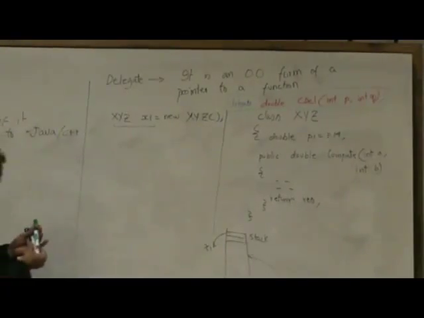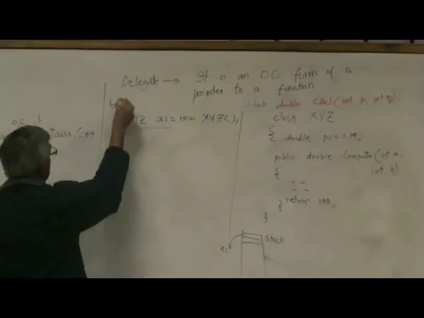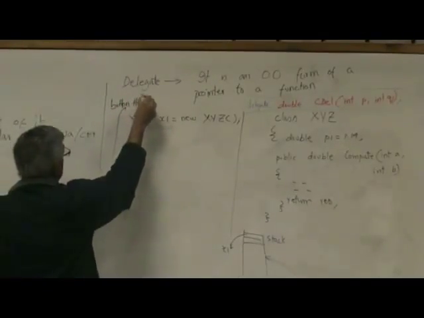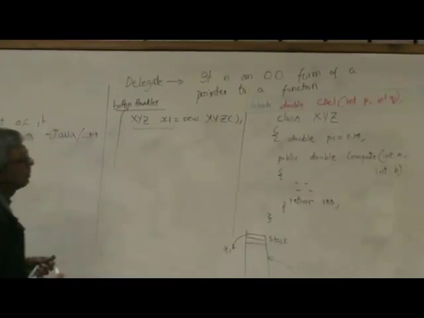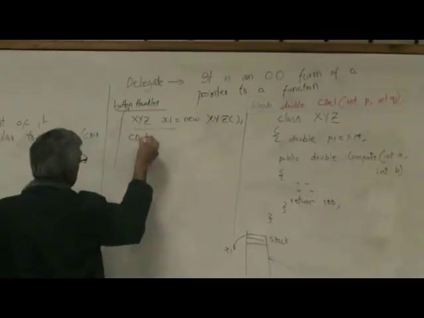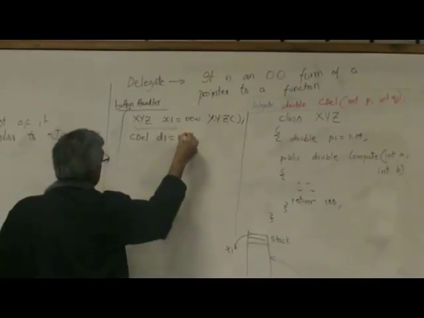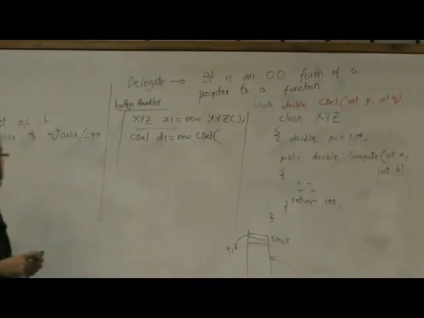right? So somewhere in our button handler or whatever, we may write this code. We may say xyz x1 equal to new xyz. Then we will create one object of the delegate, new cdel. Now we cannot leave the constructor of a delegate blank.